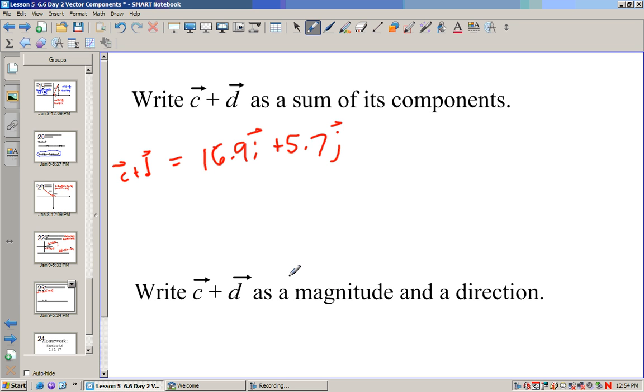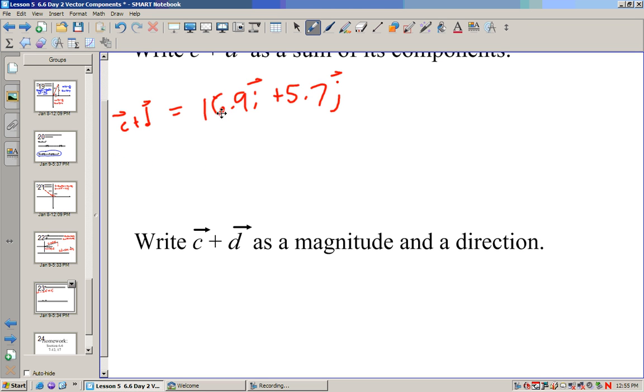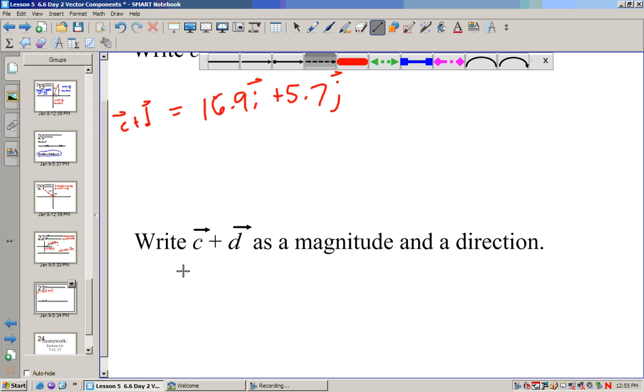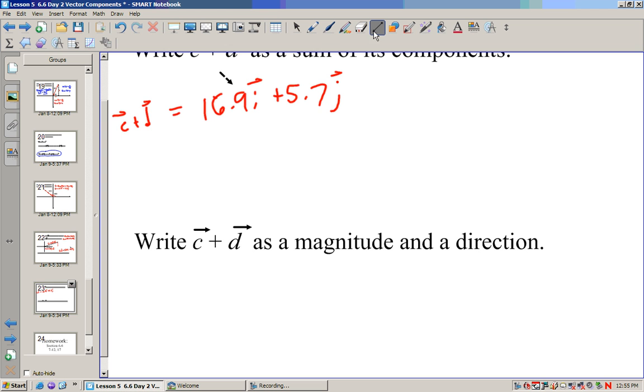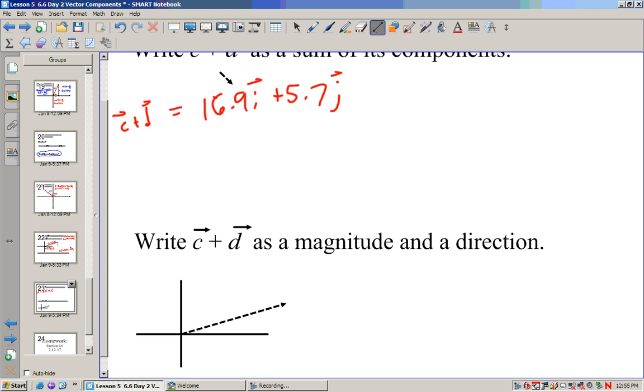Alright, now let's write C plus D as magnitude and direction. So I'm going 16.9 to the right, 5.7 up. If I just made a quick sketch, it would look something like this: 16.9, and this would be 5.7.